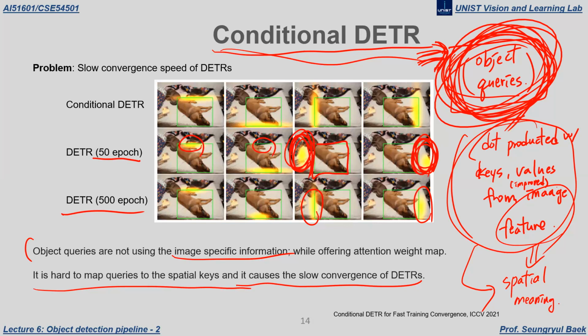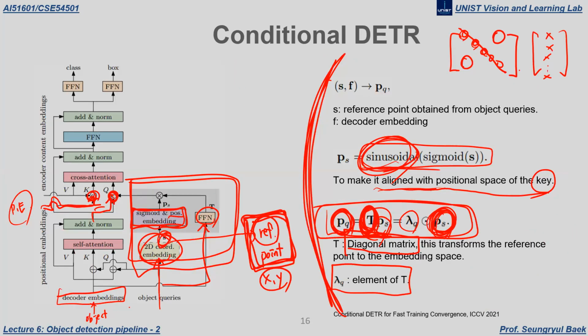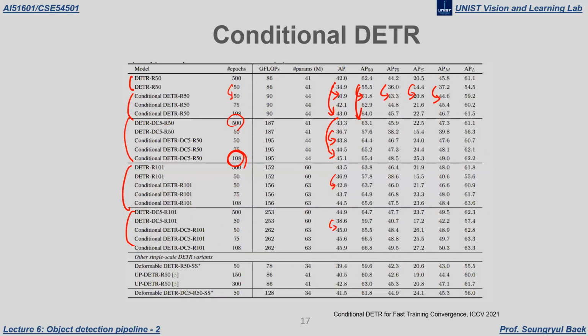So by explicitly giving positional encodings to object queries, they can align the position space of the queries similarly to the keys, and then they see the performance is far better than DETR, and it takes less time to converge. Indeed, the assumption was correct.